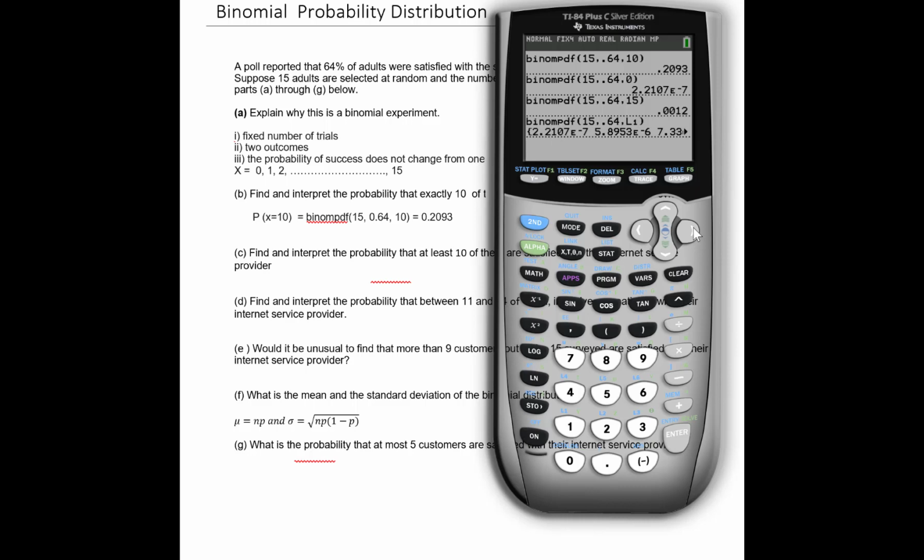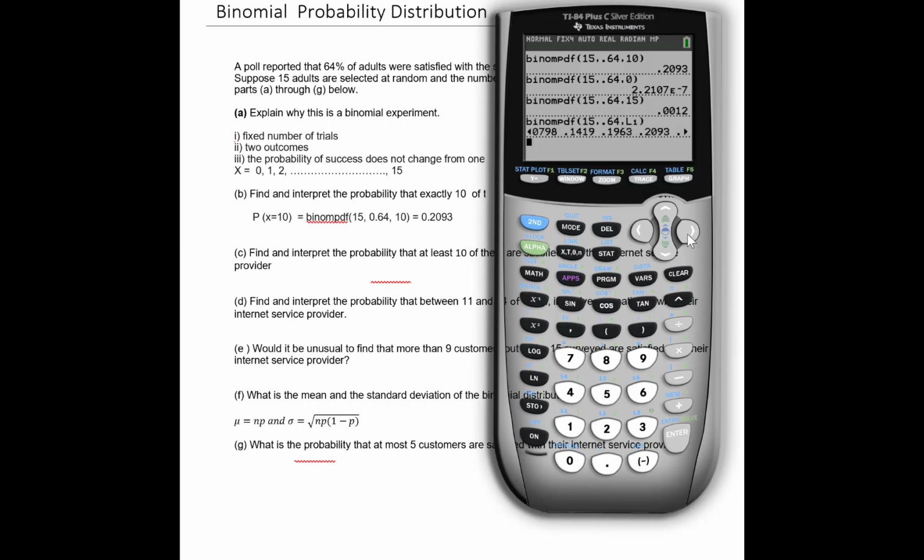Watch, you can scroll to the right. This is probability of x equals 2. This is probability of x equals 3. x equals 4, x equals 5, x equals 6, x equals 7, x equals 8, 9, 10.